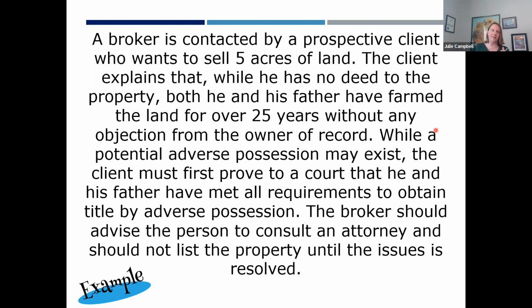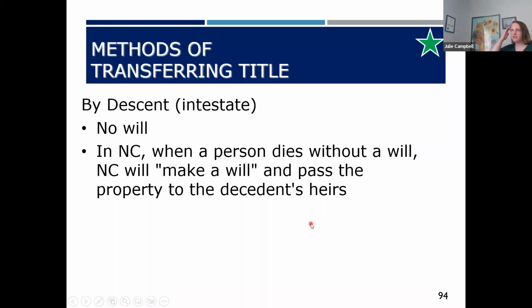Okay, so voluntary alienation, involuntary alienation. Another way to alienate yourself, to transfer your title, is by descent. If an individual dies by descent, they die without a will. Remember we said escheat is no will, no heirs.